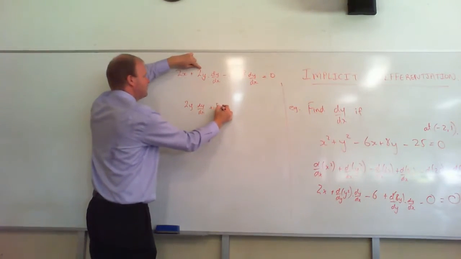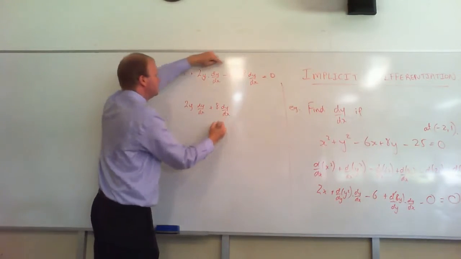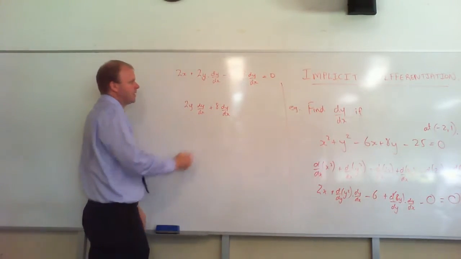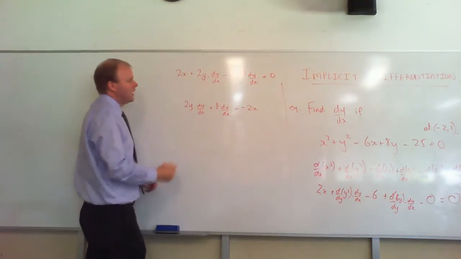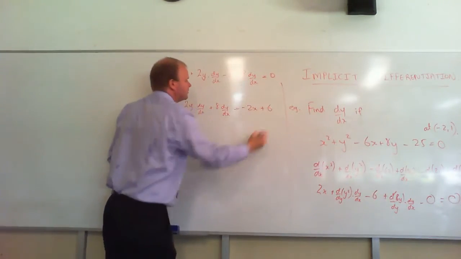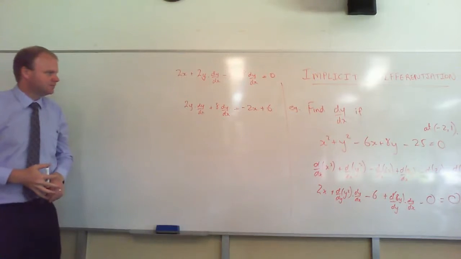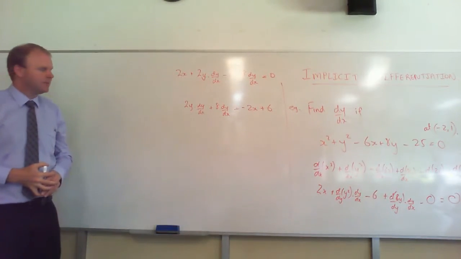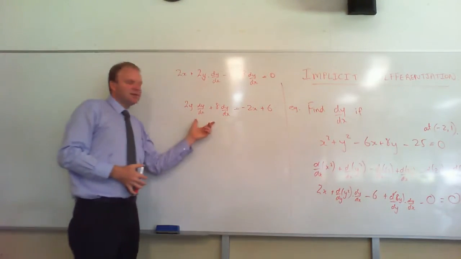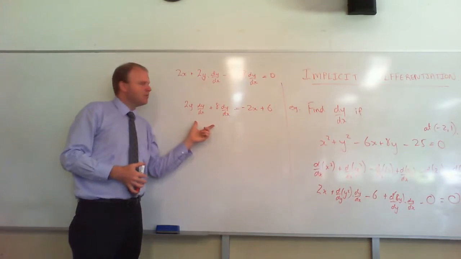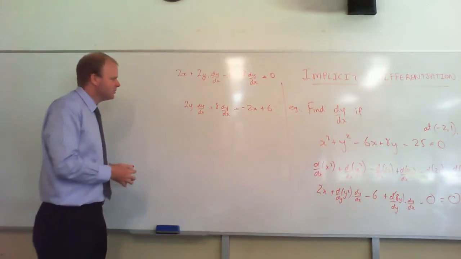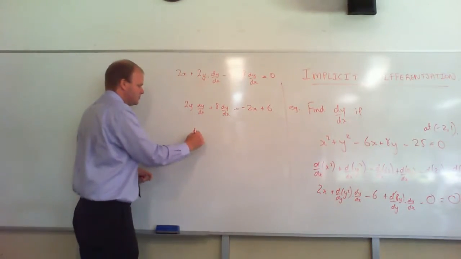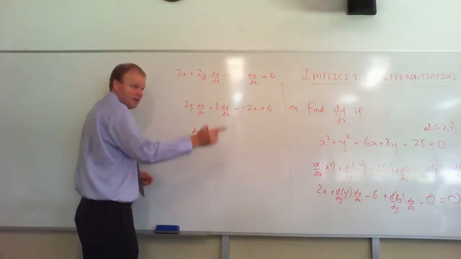I will leave that one. And I'm going to take the 2x over, and I'm going to take the 6 over, and we're getting closer. Now dy dx still occurs in two places. What could we do here to get dy dx on its own? Dy dx, yeah, factorise.